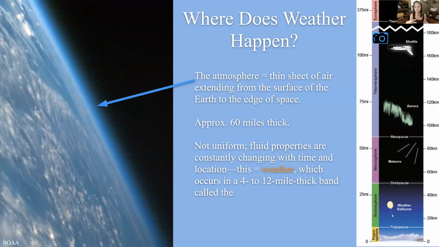The fluid properties within it, which we're going to look at, are constantly changing with time and location. So that's weather. And that occurs just in a relatively tiny band in the troposphere. It's about 4 to 12 miles thick. And that is where our weather happens.